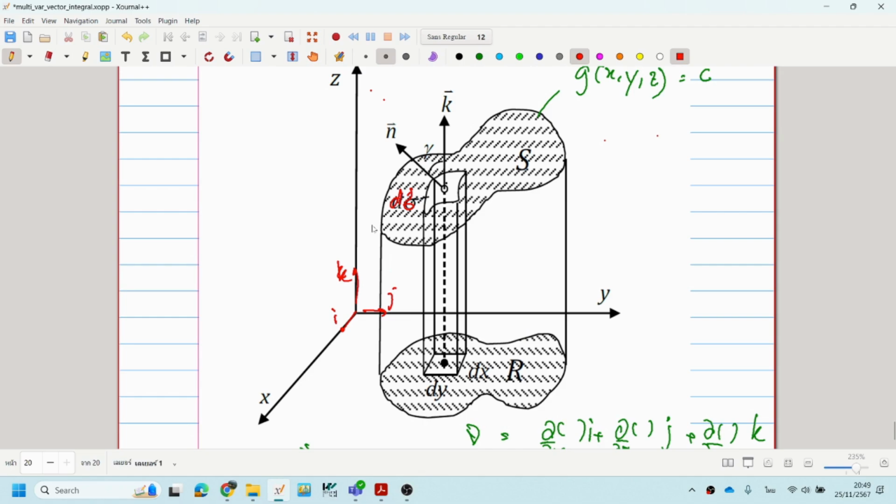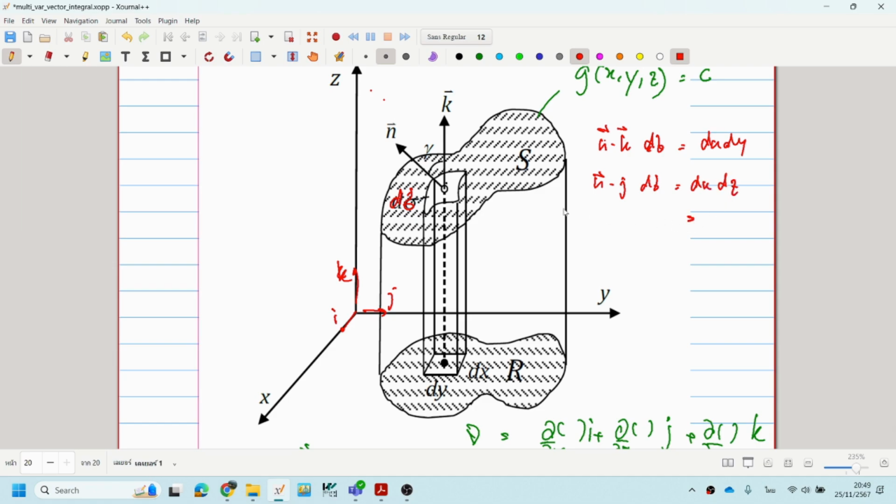I use n dot k d sigma, and I use dx dy. If you take n dot j d sigma, the 2D area, we come to dx dz.